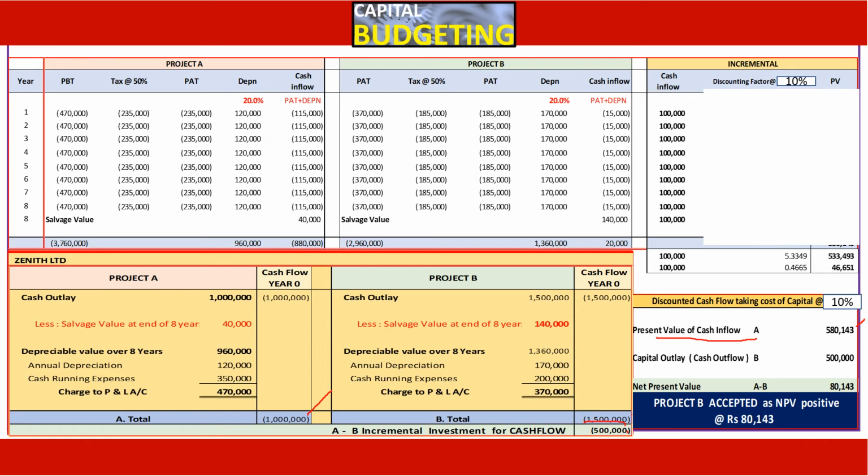Net outlay differential, incremental in respect of project B, is 5 lakhs. You invest 5 lakhs more and you get an inflow of more than 5 lakhs, 5,80,000. Net present value is 80,143. Since the incremental value is favoring project B, it is accepted as NPV is positive at 80,143.